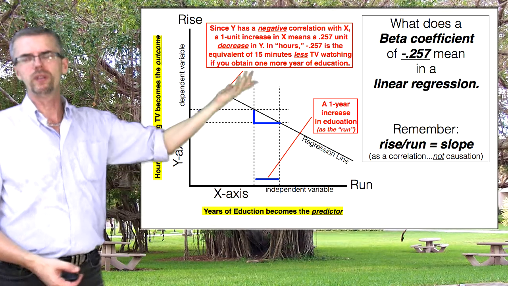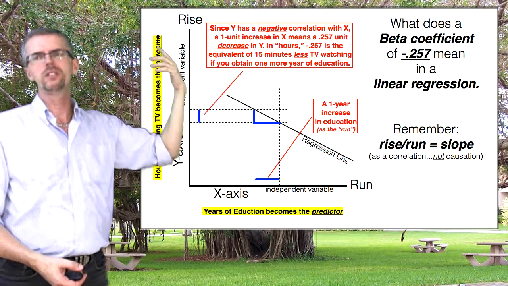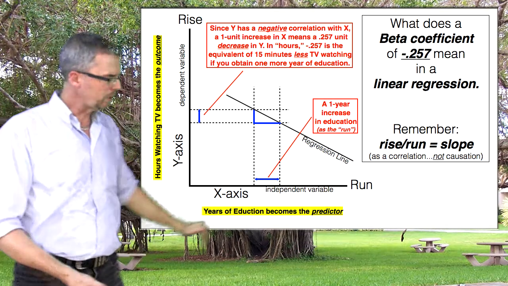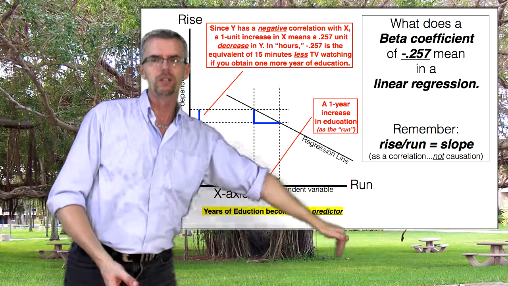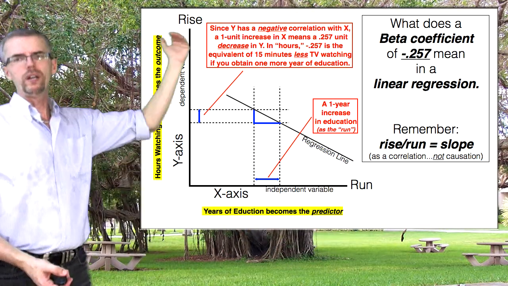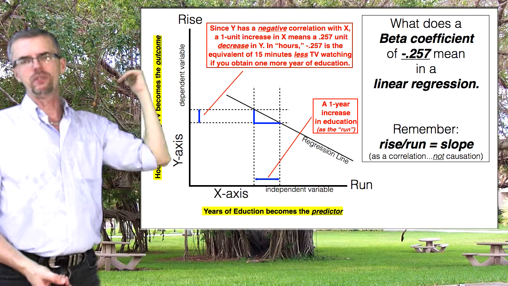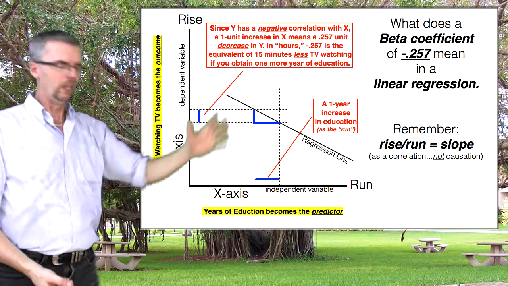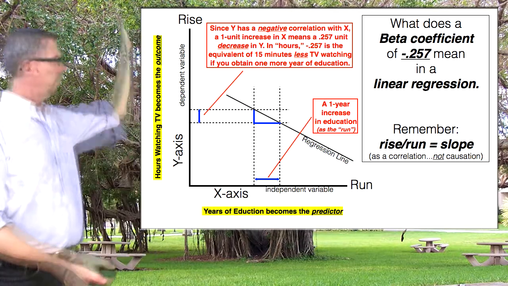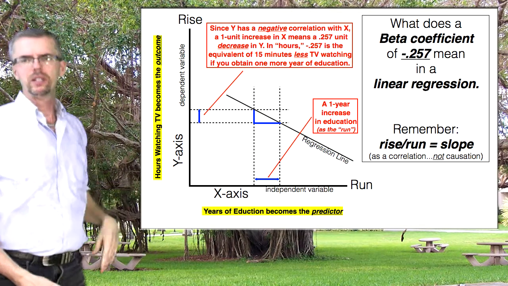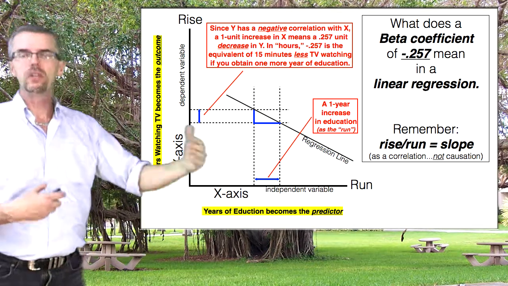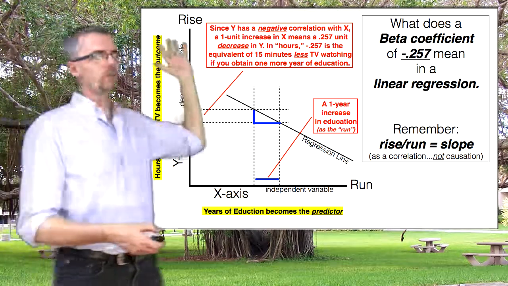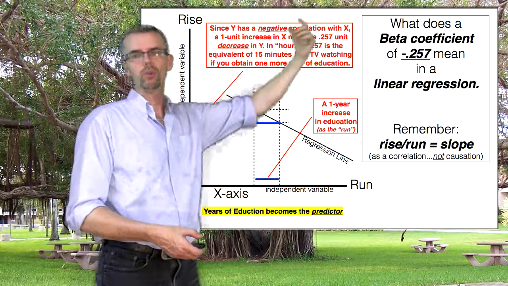So what's 0.257 units when it comes to hours of television? It's about 15 minutes. So 1 more year in school is a predictor of 0.257 or 15 minutes less television per week being watched. So the predictor is on the x-axis and the outcome is on the y-axis, as indicated in what we've studied all semester long as it relates to the modeling. X is correlated to y.